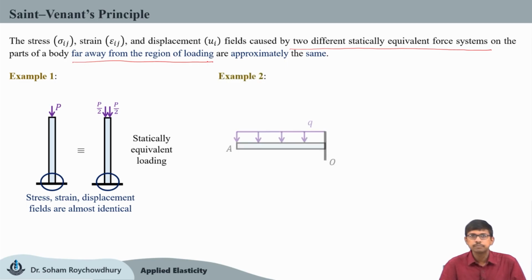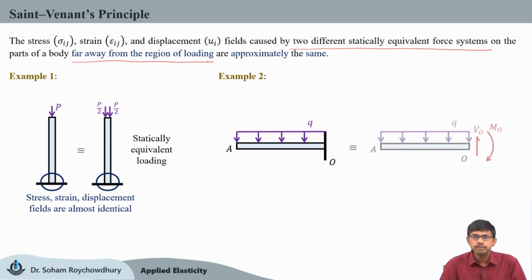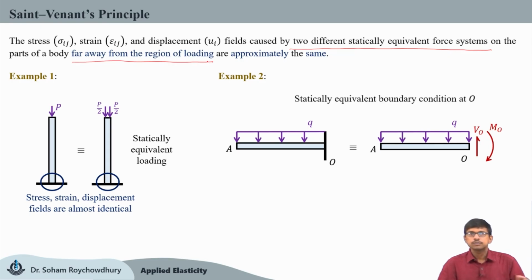If you take another example, let us take a cantilever beam subjected to a uniformly distributed load of intensity small q, where the fixed end is O and the free end is named A. Now, we are removing this fixed end O and replacing it with an equivalent force V naught and equivalent moment M naught. So, this is a statically equivalent boundary condition at fixed end point O. V naught and M naught are calculated such that the given boundary condition is equivalent to the second free body diagram.